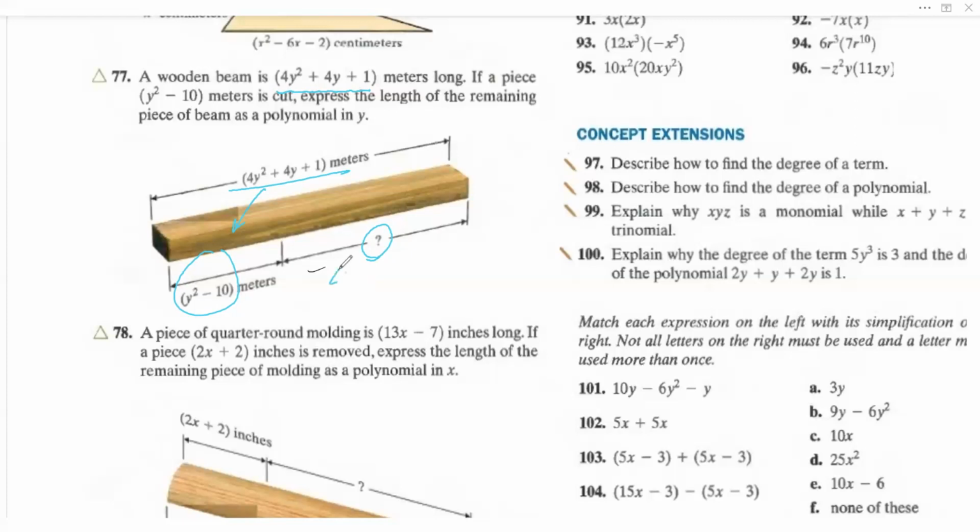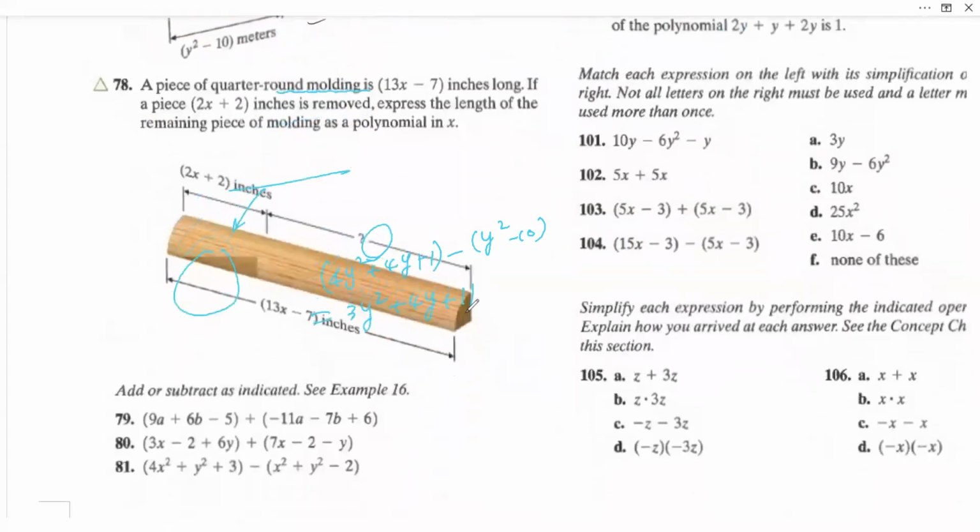This part is 4y squared plus 4y plus 1 minus this, right? So you can get 3y squared plus 4y and 1 minus 1 plus 10, right? So you get 11. So you can get the expression here. The same for 78, right? So this part minus this part, you can get this one, right?